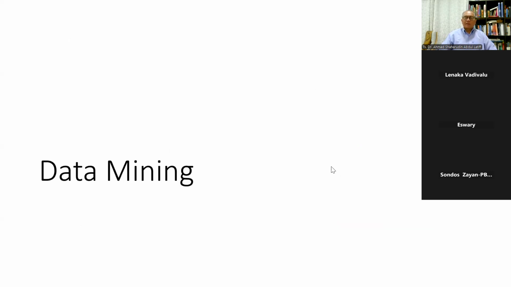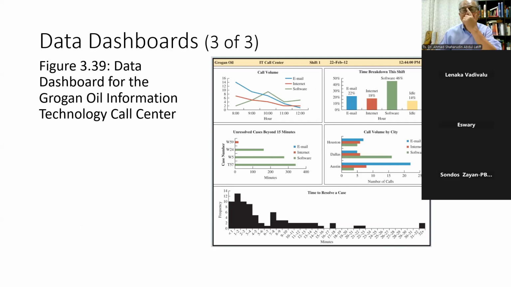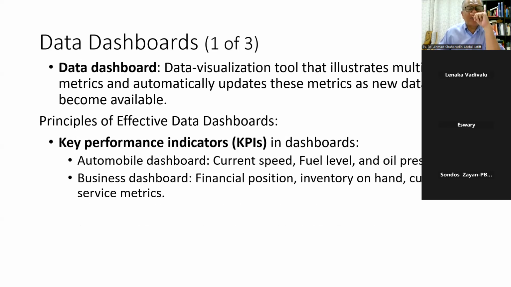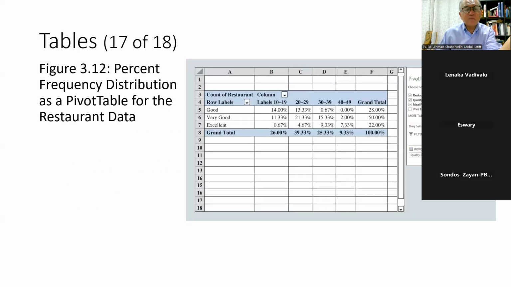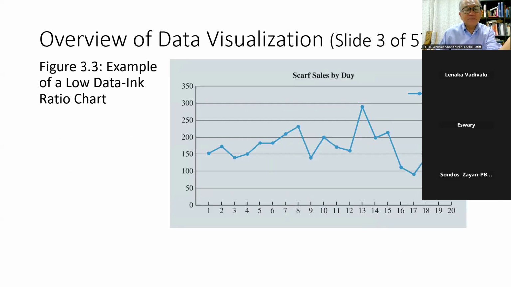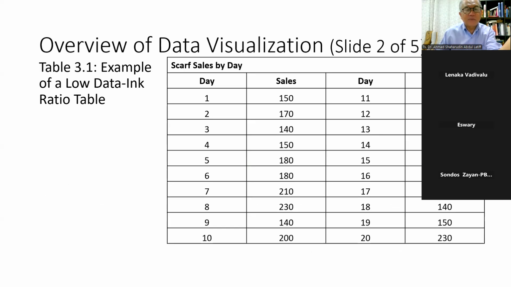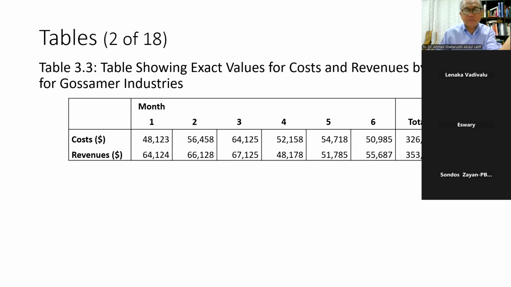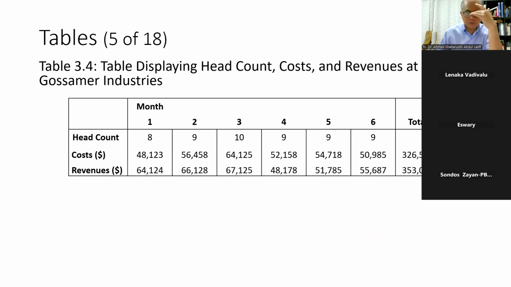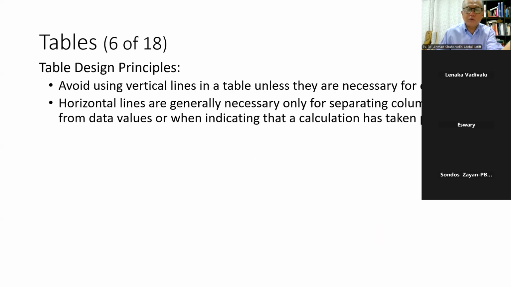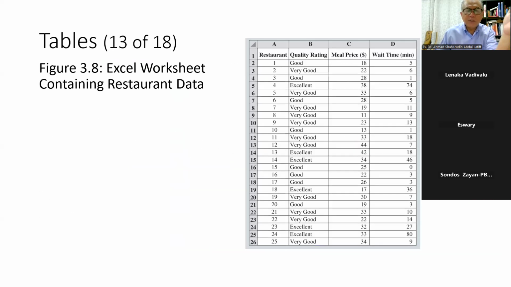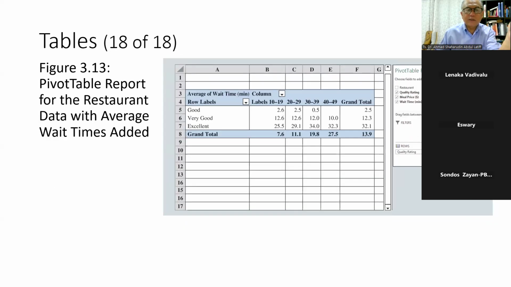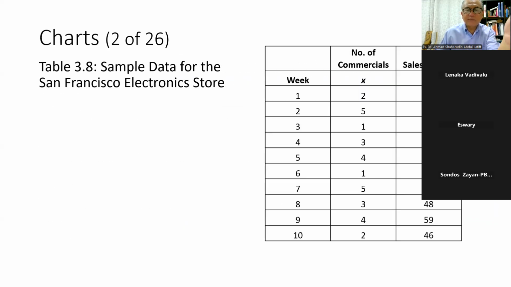Okay, now we have covered data dashboard. We have covered visualization, the tables, when you use tables, when you use charts, how you put up your tables, and how you use your charts.